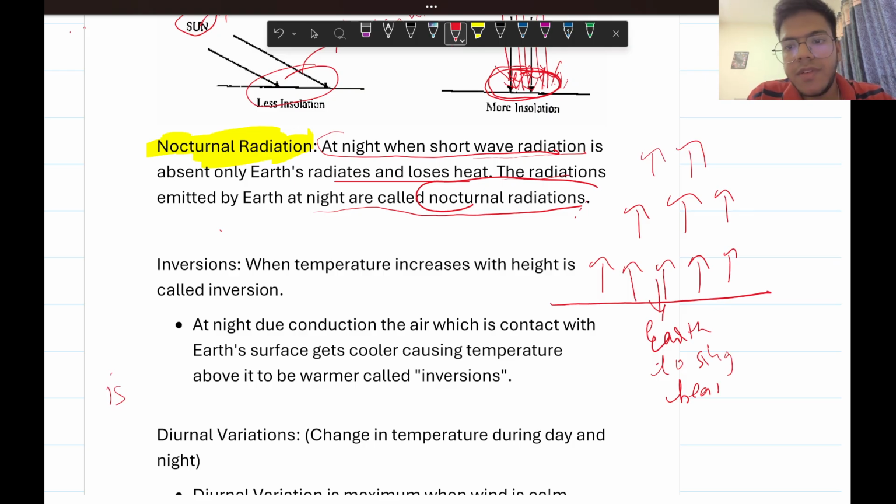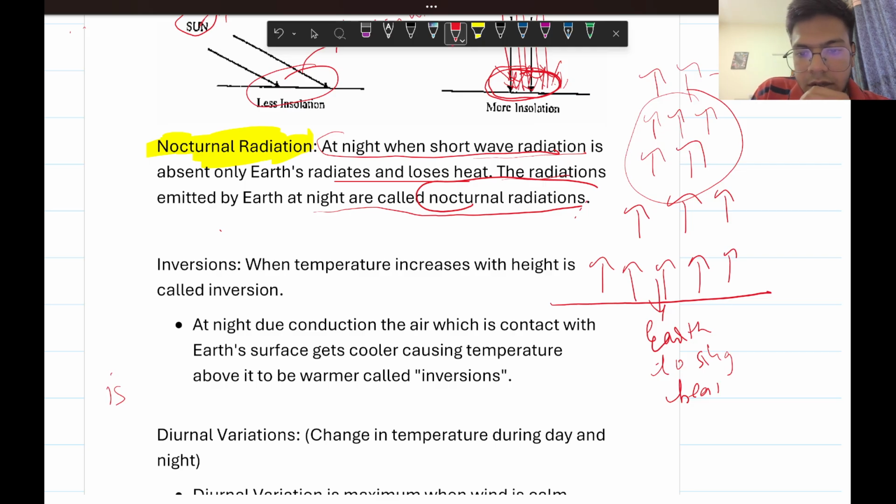As we are going above, these radiations are going above. So can I say that the temperature here is lower than the temperature here because radiations are going up, all the heat is going up now, it is not below, because with time in night Earth starts losing heat and Earth has almost lost all of its heat at the end of night.